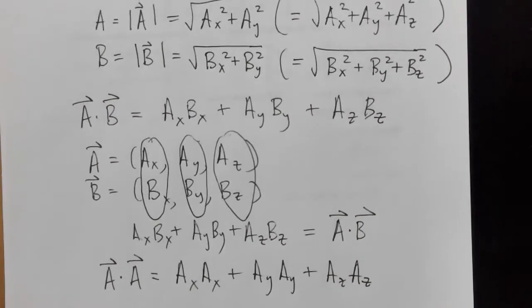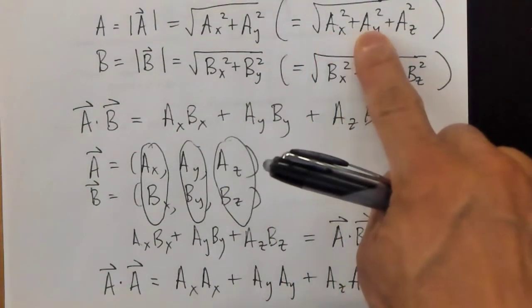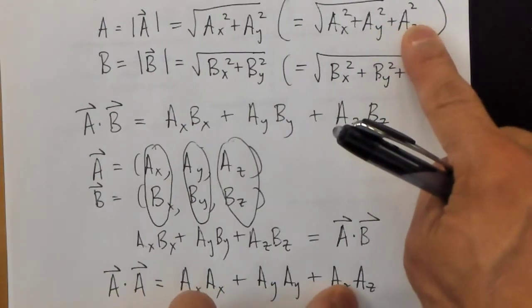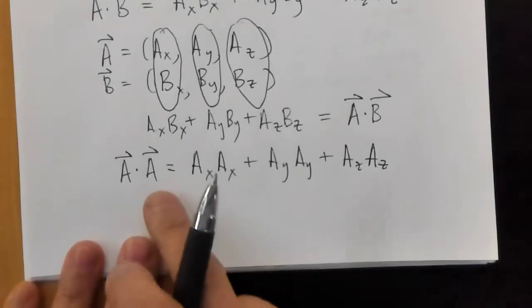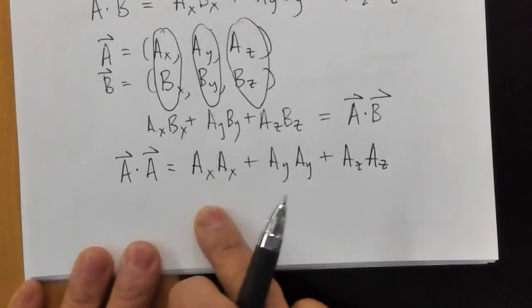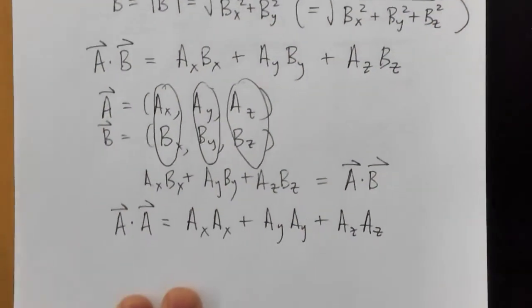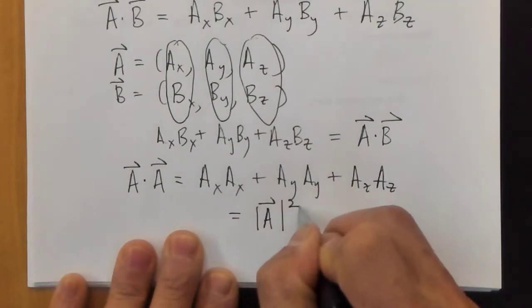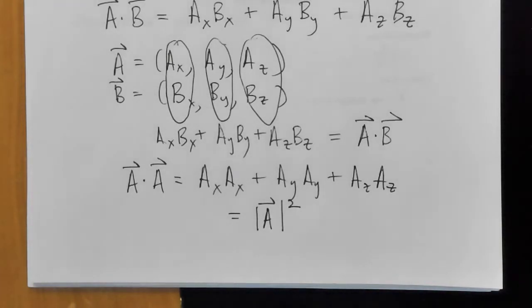You'll notice that looks a lot like the magnitude formula over here: AX squared, AY squared, AZ squared, all added together. So when I do a dot product of the vector with itself, it will be the square of the magnitude, or the way we would write it, A magnitude squared. Any questions about this?